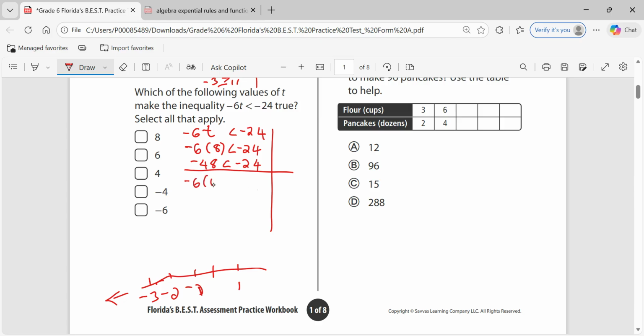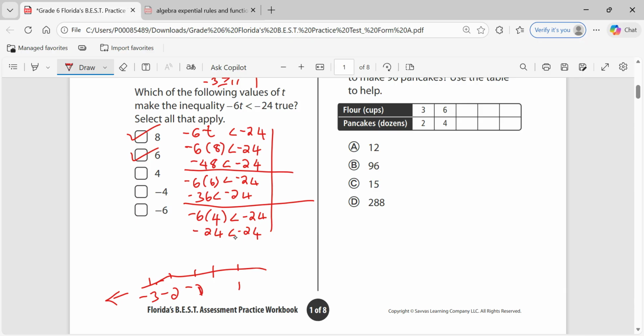-6 times 6, -36. Yep, that's true. I'm going to try 4. -6 times 4 is less than -24. -24 is less than -24.